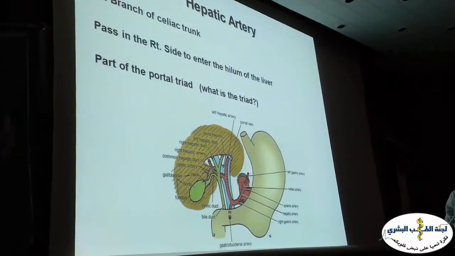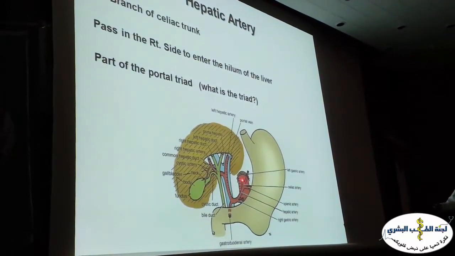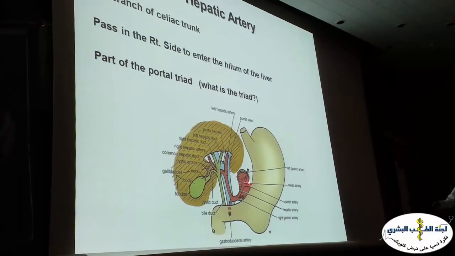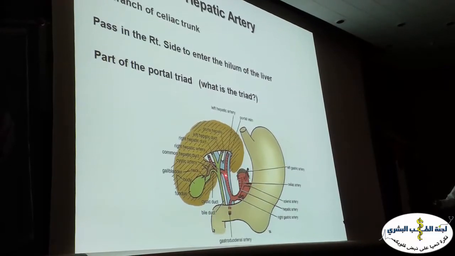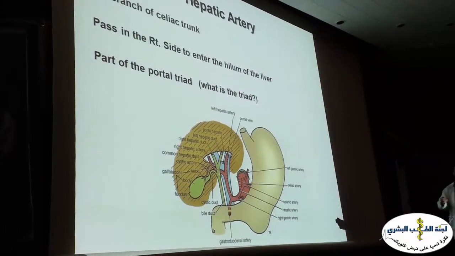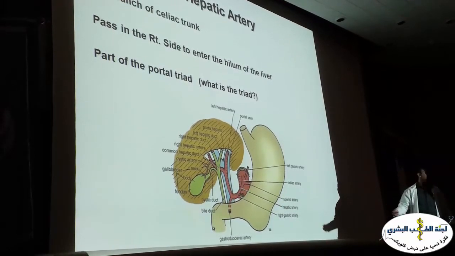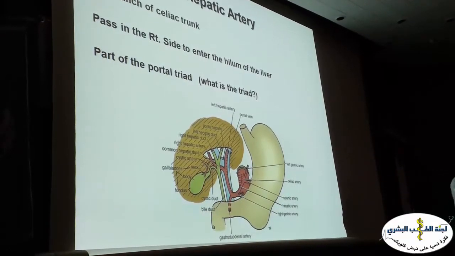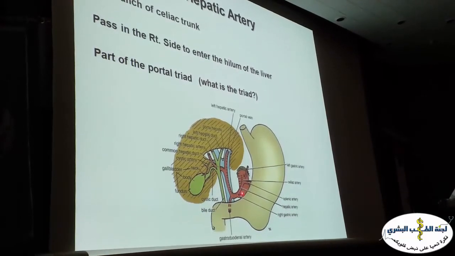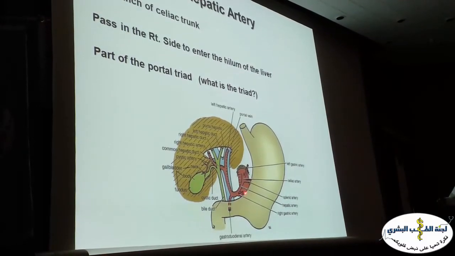The hepatic now. Let's speak about the hepatic. You see here, this is the celiac, splenic, left gastric, and all of this is the hepatic. Now the hepatic, since it's very large, we will call it the common hepatic artery. As it passes, it will give first a branch. Which branch is this? The right gastric artery, which will anastomose with the left gastric.